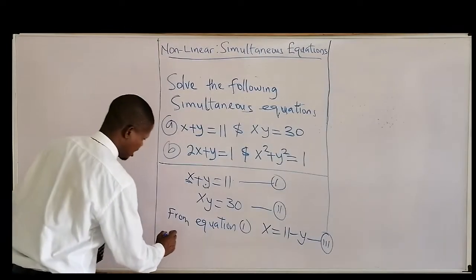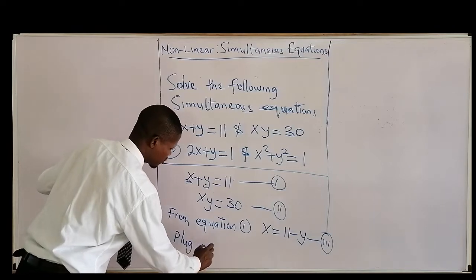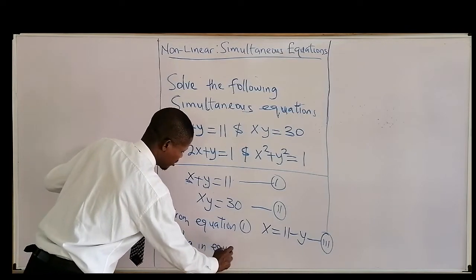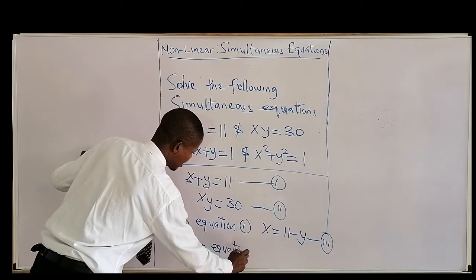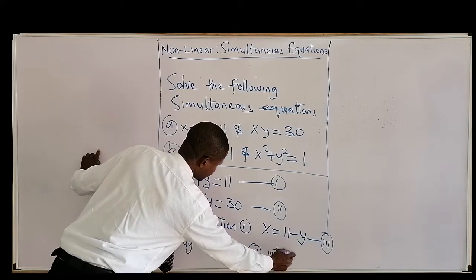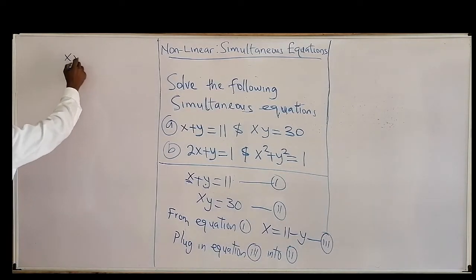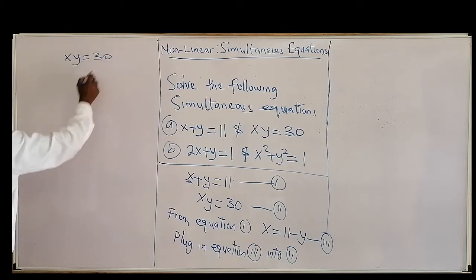The next thing to do is to substitute equation 3 into equation 2. Equation 2 is xy equal to 30.